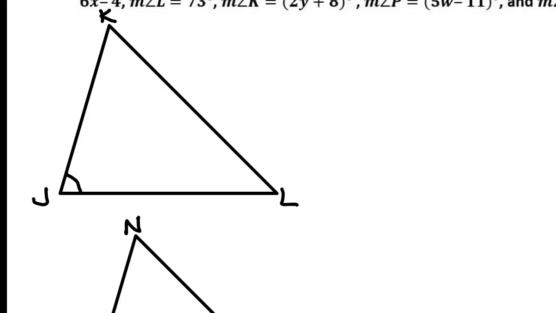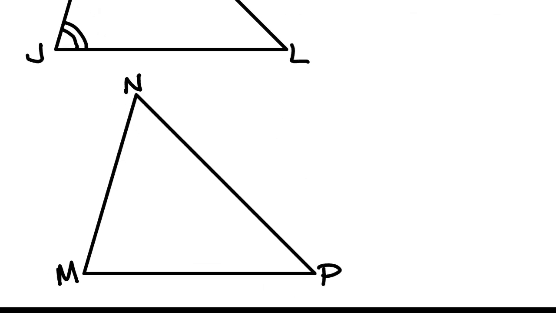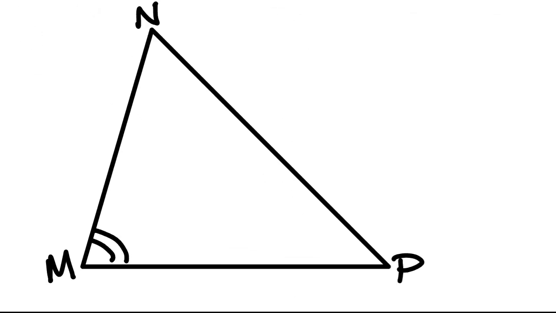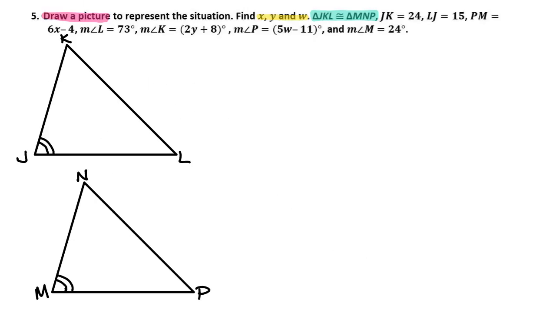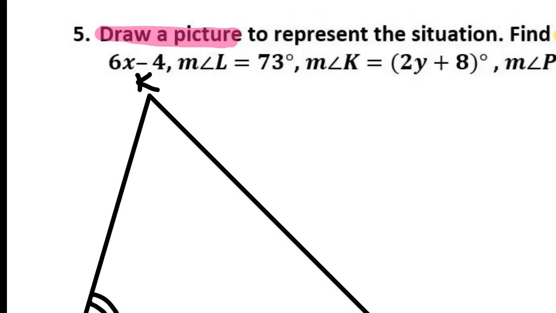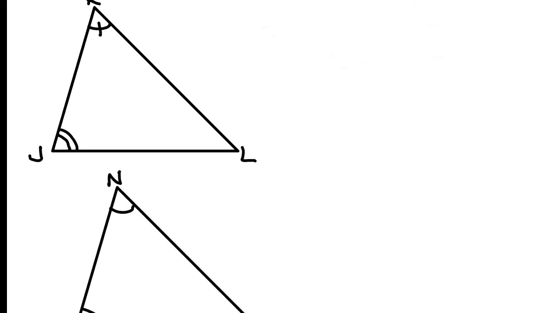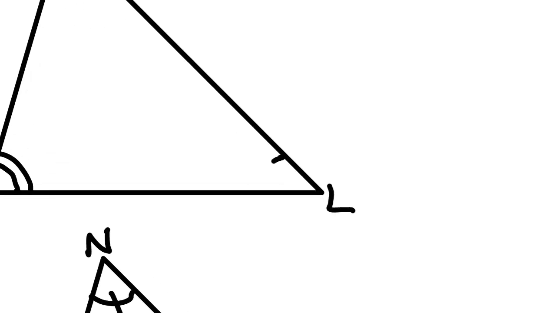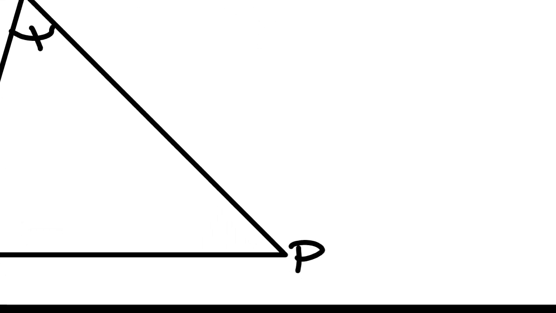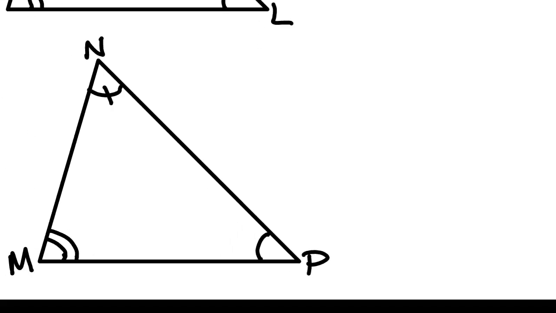So angle J is congruent to angle M. What other angles could I mark as congruent? K and N. Middle letter, middle letter. What else? L and P. Third letter, third letter.